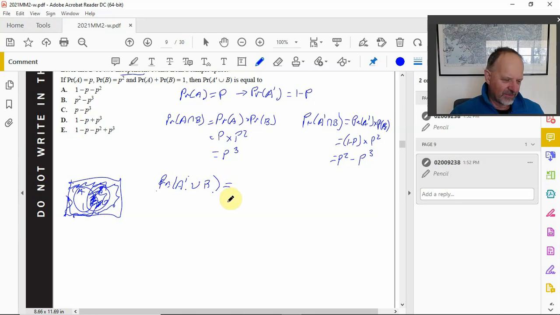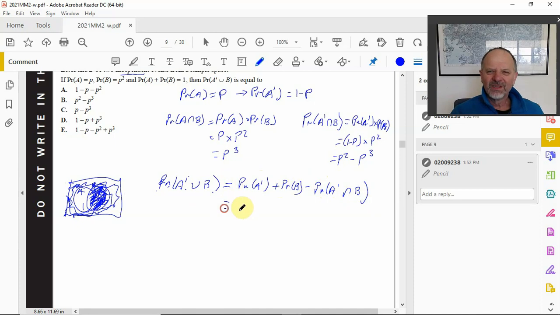Well, it's the probability of A dashed plus the probability of B. But by doing that, A dashed is everything out here, probability of B is everything in B, and then I've counted this part here twice. So I need to take away the intersection of A dashed and B. So here we've got 1 minus p plus the probability of B, which was p squared, minus p squared minus p cubed.